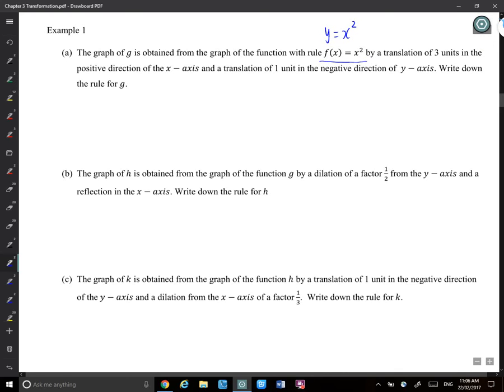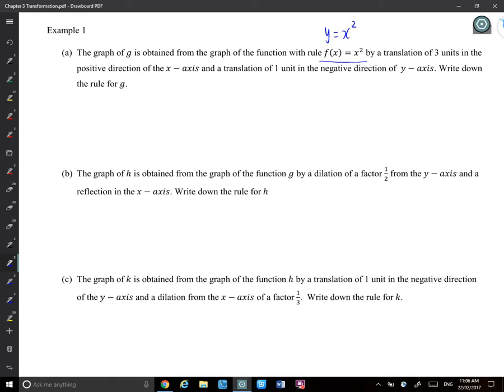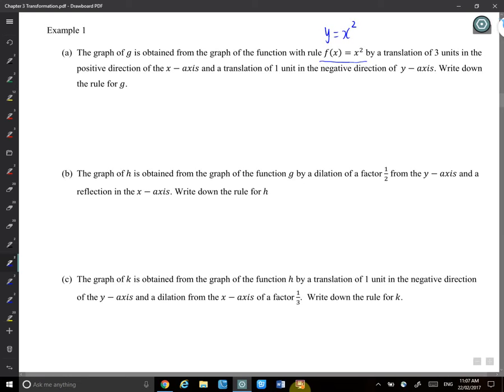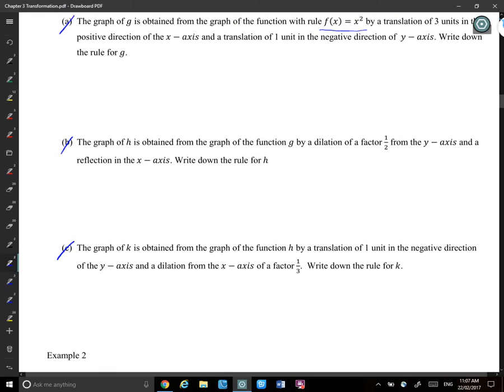We don't like to use f(x), we use y equals x squared in transformation. By a translation of 3 units in the positive direction of the x-axis, and then a translation of 1 unit in the negative direction. What I'm trying to do for this question, not do A, B, C, is let's do all the transformations at the same time.